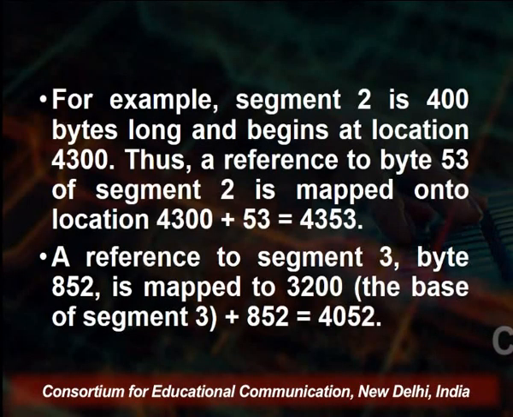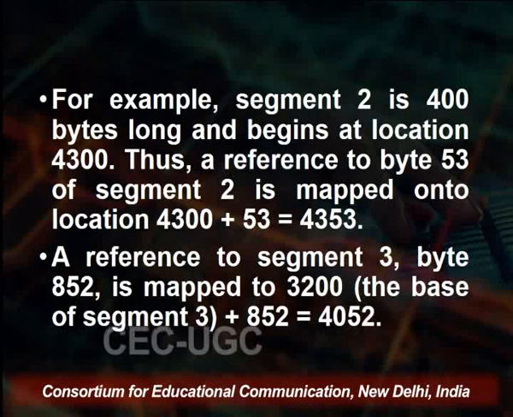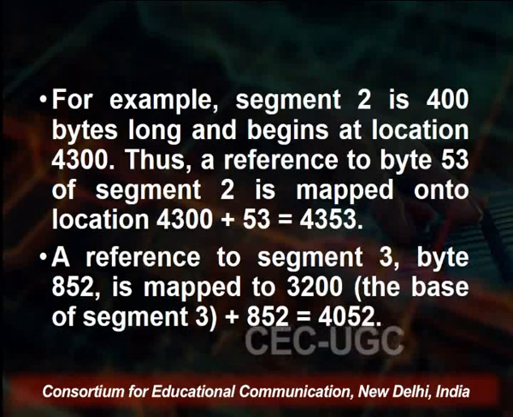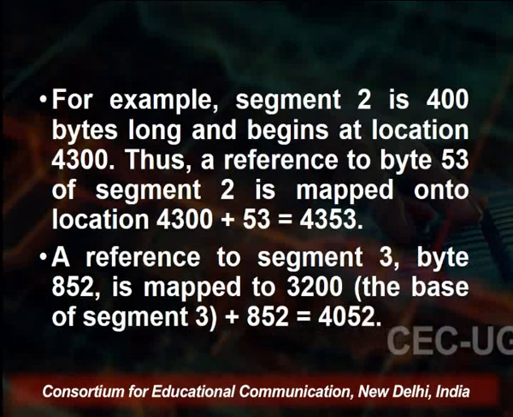So here we have 5 segments, and this segment table has a separate entry for each segment, with the beginning address of the segment in physical memory, named base, and the length of the segment, named limit. For example, segment 2 is 400 bytes long and begins at location 4300, and let's say we refer to byte 53 of segment 2.